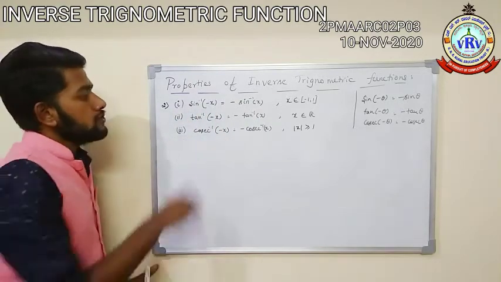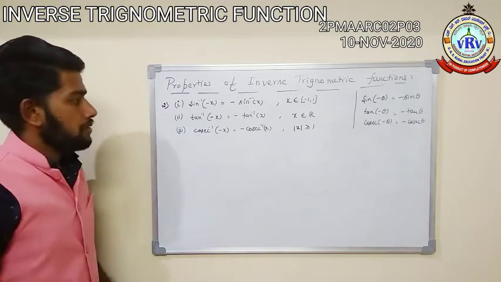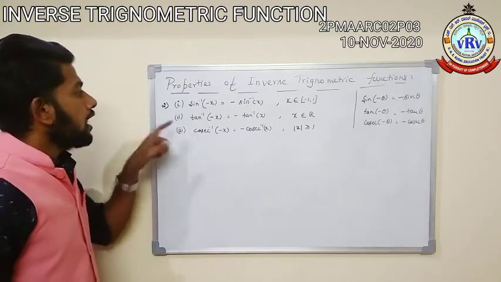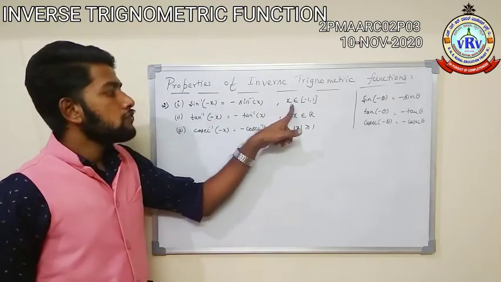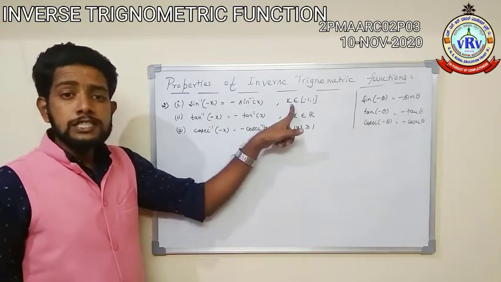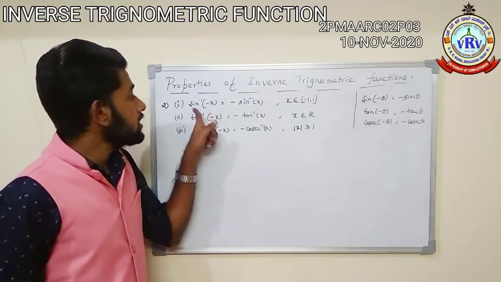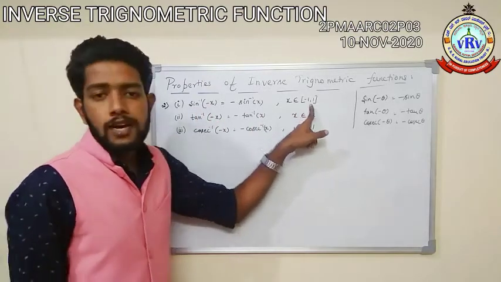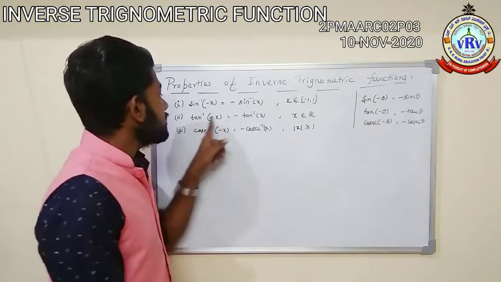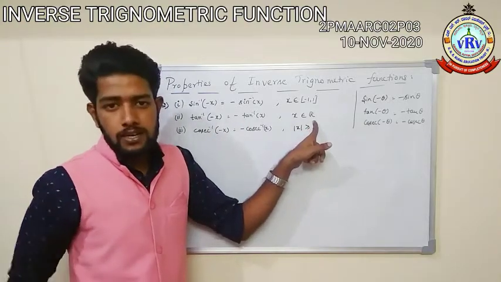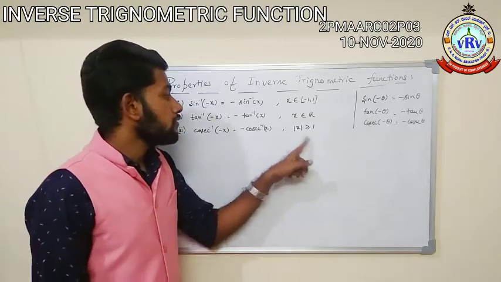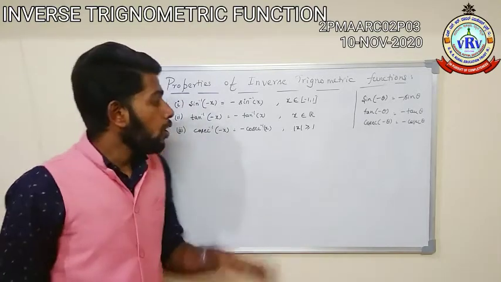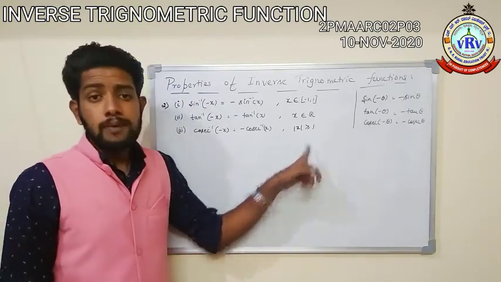Let me prove this equation. And you should know this condition only for its principal value. Here sine inverse function has the principal value minus 1 to 1. Tan inverse function has the principal value the set of all real numbers. Cosecant inverse function has the value all real numbers except minus 1 to 1.